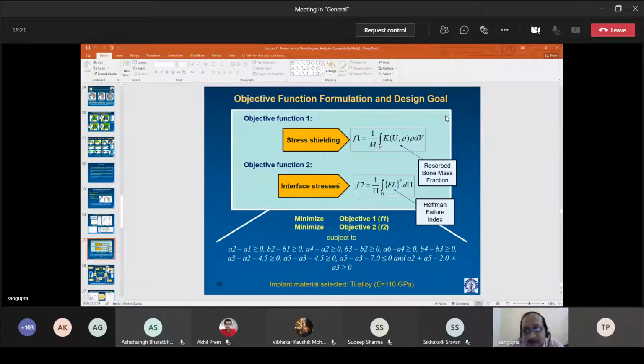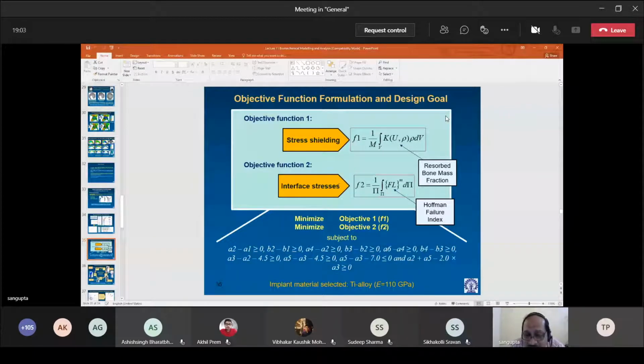The Hoffman failure index actually incorporates not only the interface stresses, but also the local bone strength. Okay, so we actually evaluate whether or not an interface will fail based on, say, a local state of stress defined by the normal and shear stresses versus the local strength, which is always the case when we assess failure in any material.